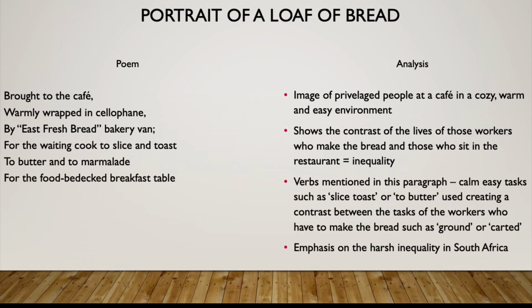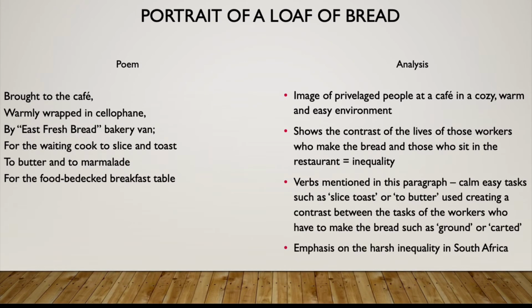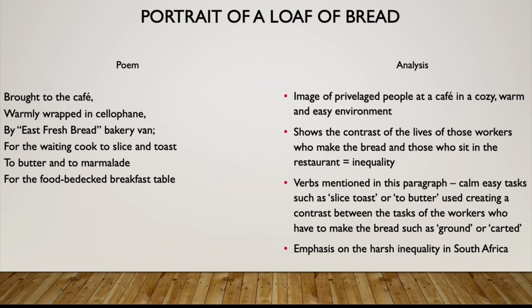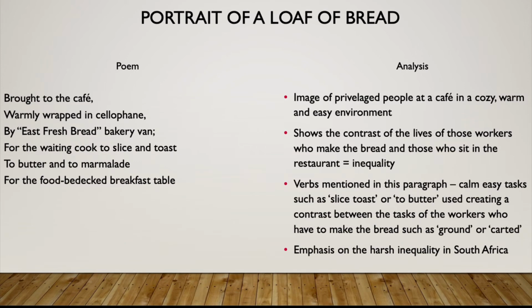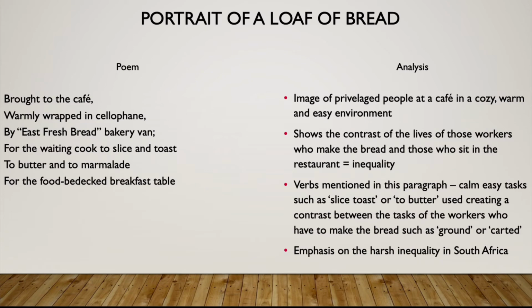So in this stanza, the image of privileged people at a cafe in a cozy, warm and easy environment is created by the words cafe, warmly wrapped in cellophane, waiting for the cook to slice and toast. So this shows the contrast of the lives of the workers who make the bread and those who sit in the restaurant.